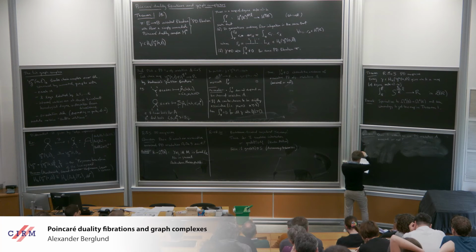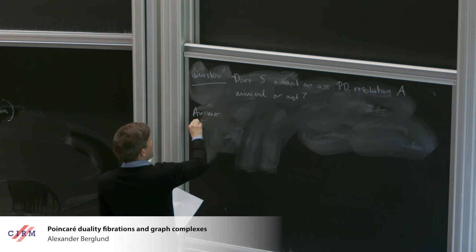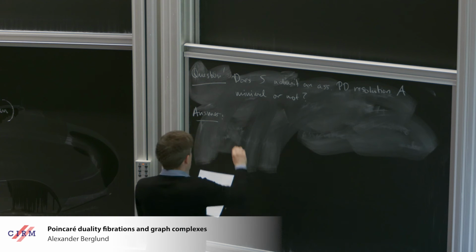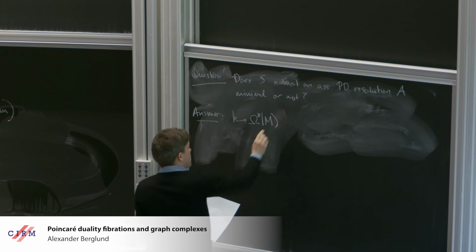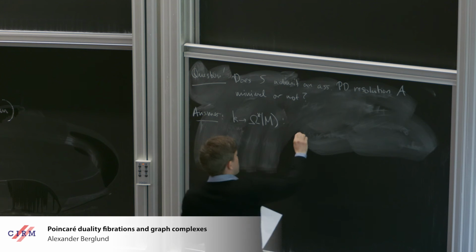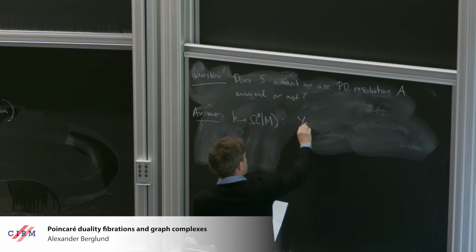And this is exactly the kind of thing that in the absolute case, for the trivial fibration, is the well-known result of Lambrechts and Stanley. So in this case, the answer is always yes.